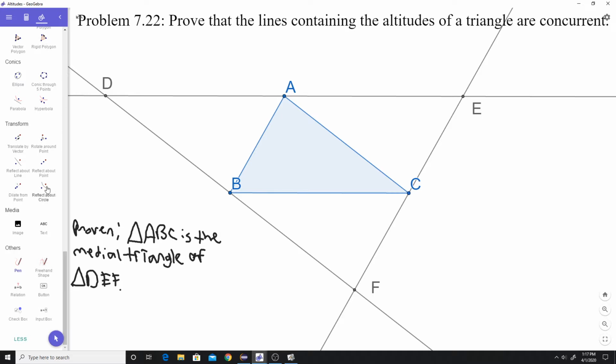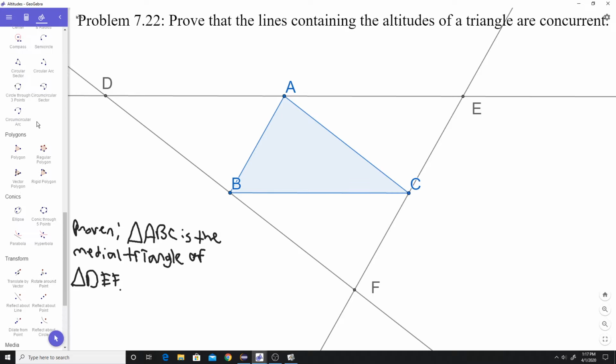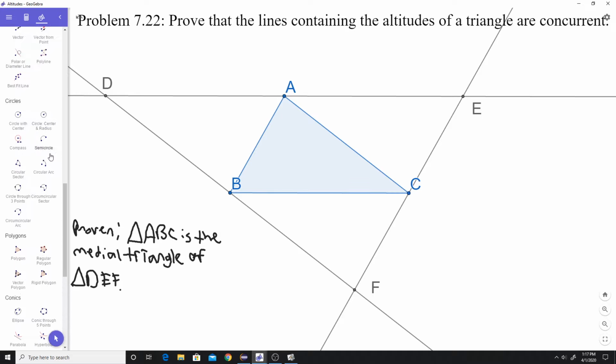Because what's going to happen, once you see how I'm going to draw it, is we're going to take our perpendicular bisector tool and draw the perpendicular bisector of DE.